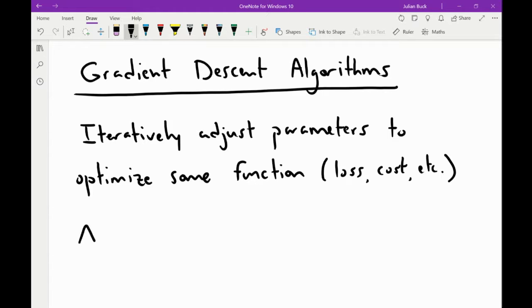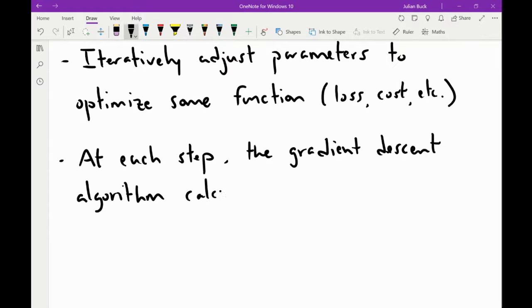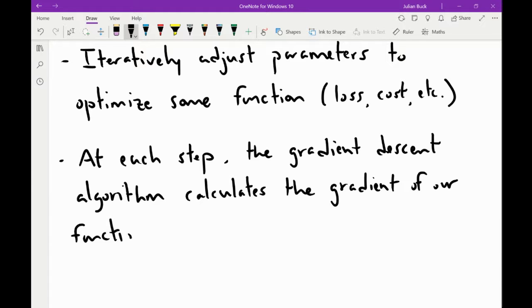How does this happen? At each step, the gradient descent algorithm calculates the gradient of our function for a given set of parameter values.